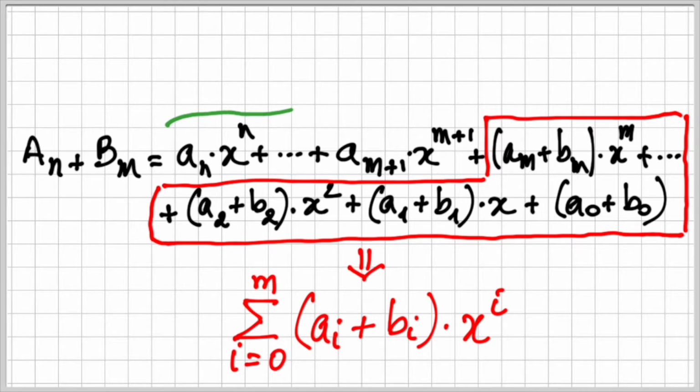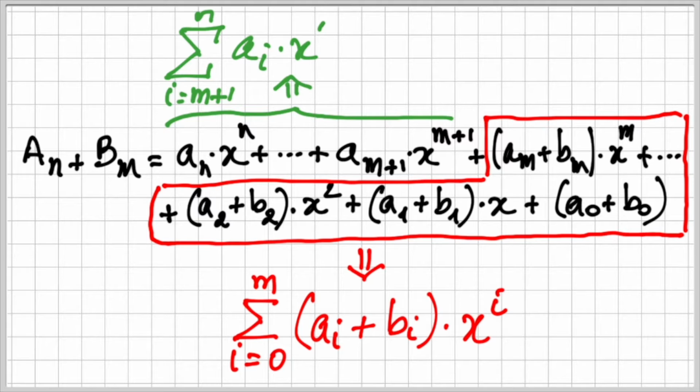And the remaining part, these are the terms of the polynomial which have a power higher than m, and we can write this also as a summation, index i starting from m plus 1 up to n for ai times x to the power i, and those are the two parts of this new polynomial.